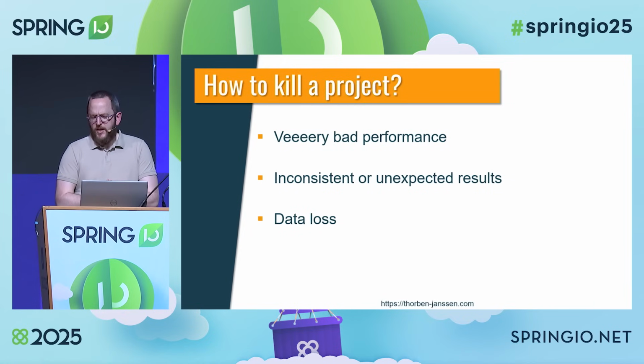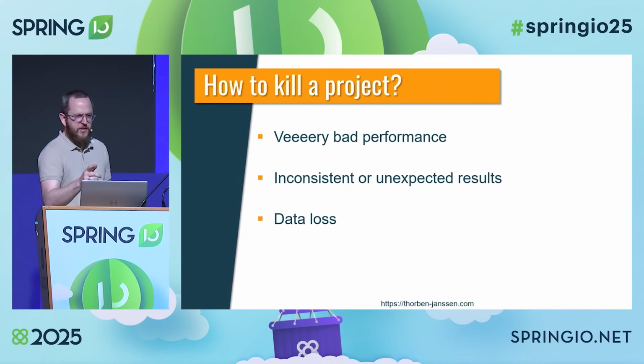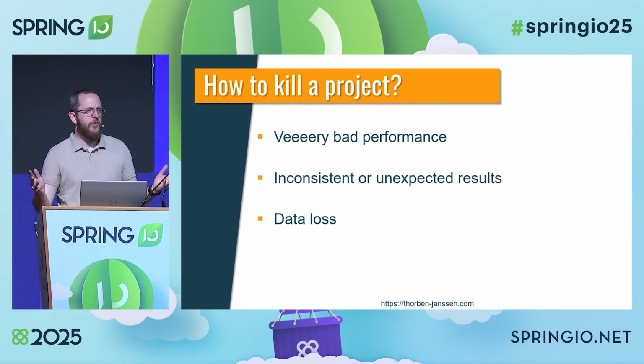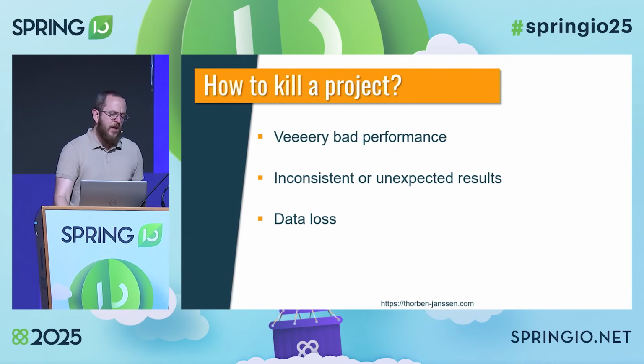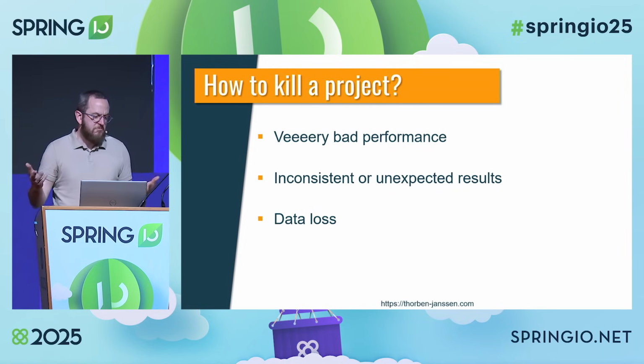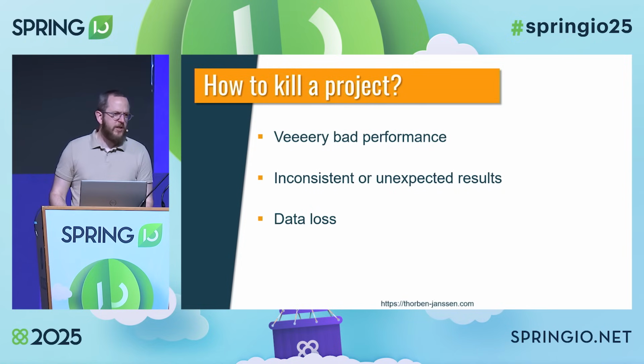Well, users always love a very bad performance. If you click a button and wait several seconds, that feels great, right? Same with inconsistent results. You refresh a list, and it shows something different to what you saw a second ago, and then you click the button again, and it again shows something different, and you would expect that it's always the same. And another thing that is probably keeping your managers awake at night is loss of data.